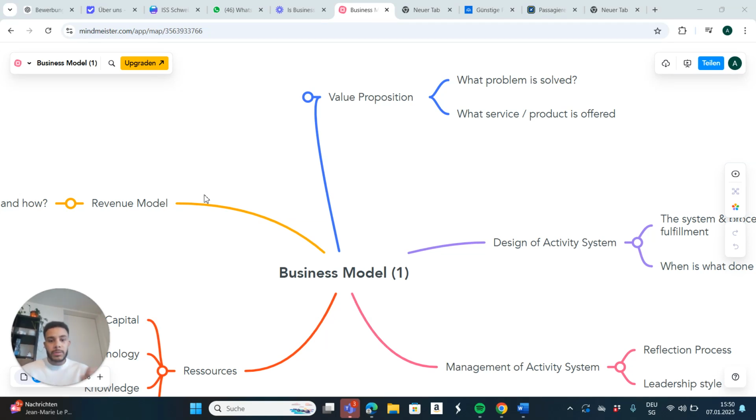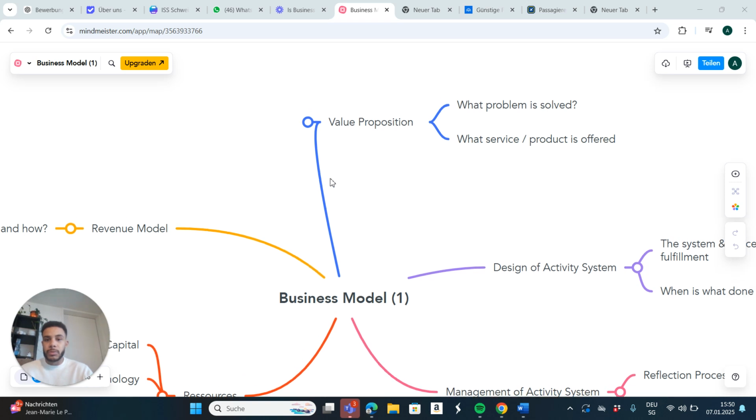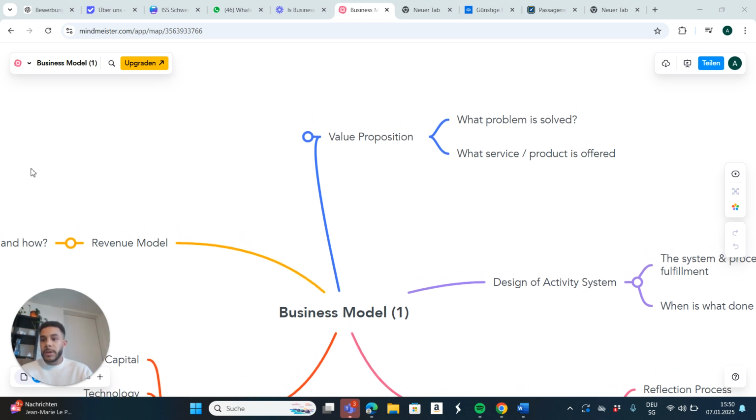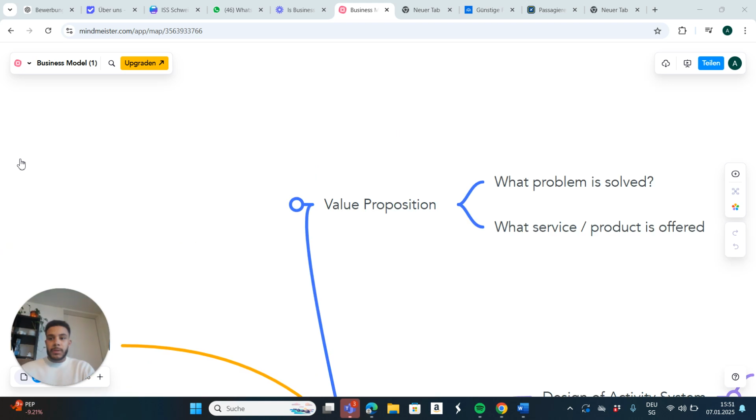I will go through each one of them and have an example ready to show how it is applied. So we will work with a fictional pizza shop and go through the business model to evaluate if the model of the pizza shop is valid or not.